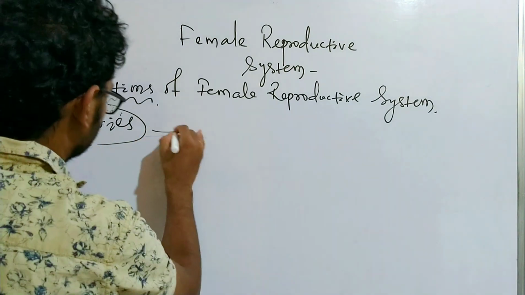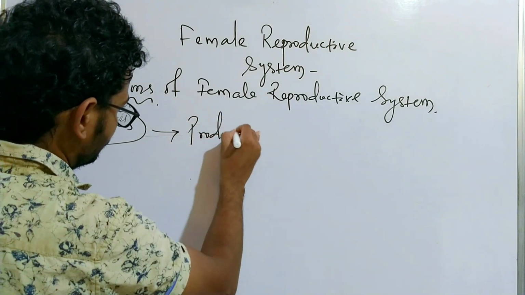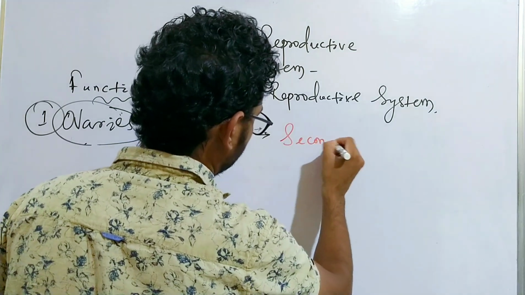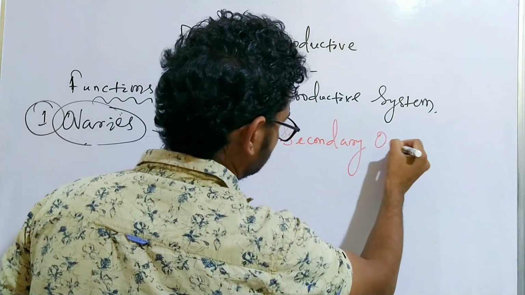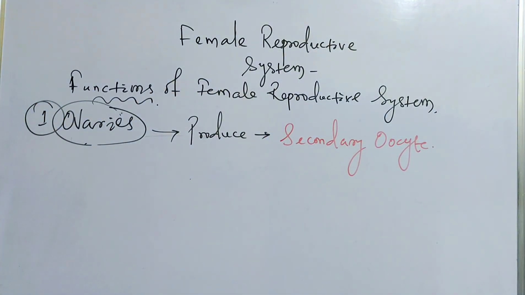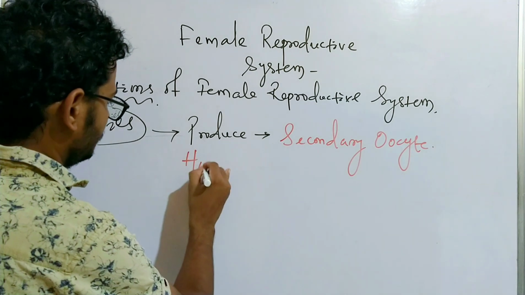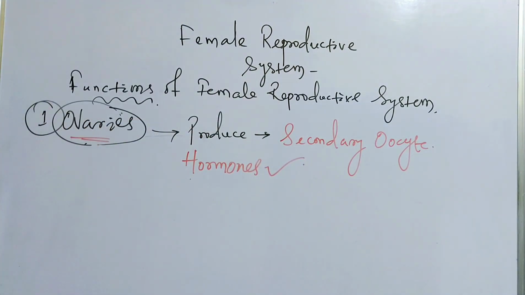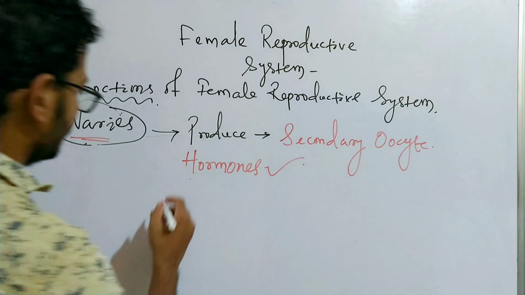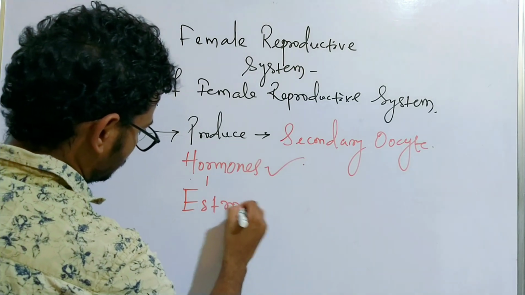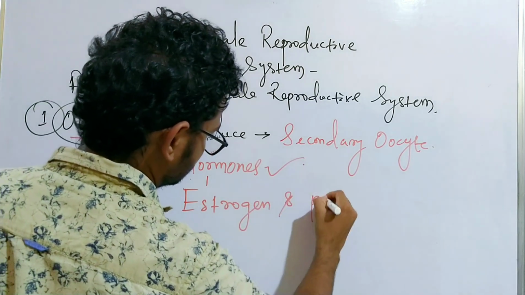They produce the most important secondary oocyte, which matures to form the ovum. Clear? Different hormones are also produced by this primary sex organ, including the female sex hormones, estrogen and progesterone.